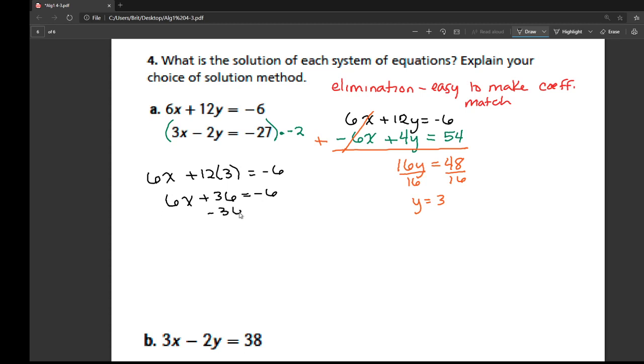And so I'm going to subtract that from each side of the equation so that the x is alone. And then I divide by 6, and I get that x is negative 7. So my final solution is negative 7, 3.